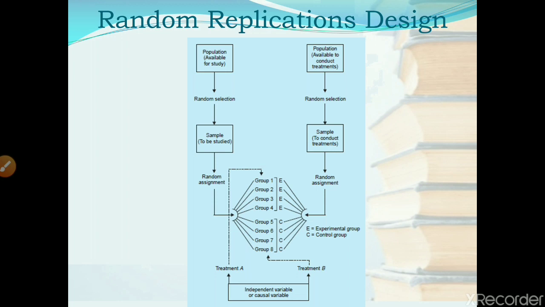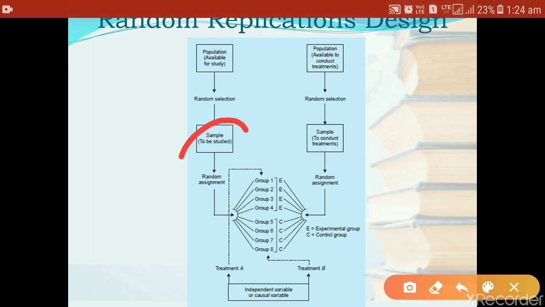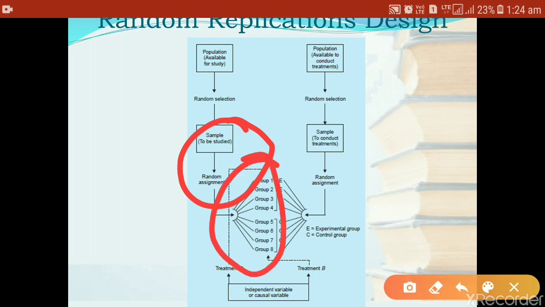Similarly, a sample is taken randomly from the population available to conduct the experiments and then it is randomly assigned. So here you will see that we have taken the sample randomly, we have assigned the aggregates to all the samples randomly, and then the treatments are also randomly selected from different sources.